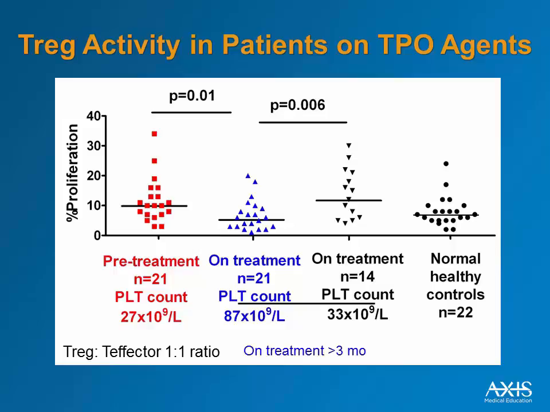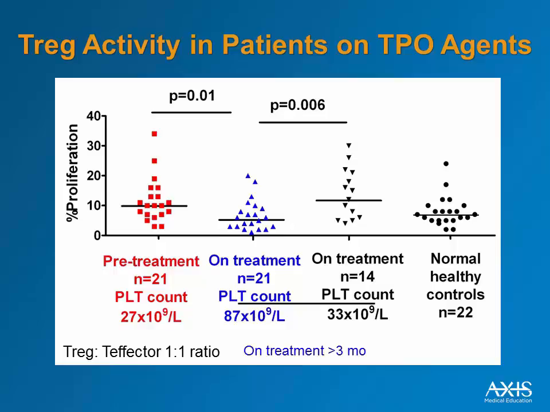We see here normal healthy controls, and we see here pretreatment patients with ITP who have a higher proliferation because their ability to suppress with Tregs is less. When patients are on treatment, the responders have much better suppression of proliferation, and the non-responders do not. This illustrates that TPO agents may not be as inert, but rather may have important immunologic effects.